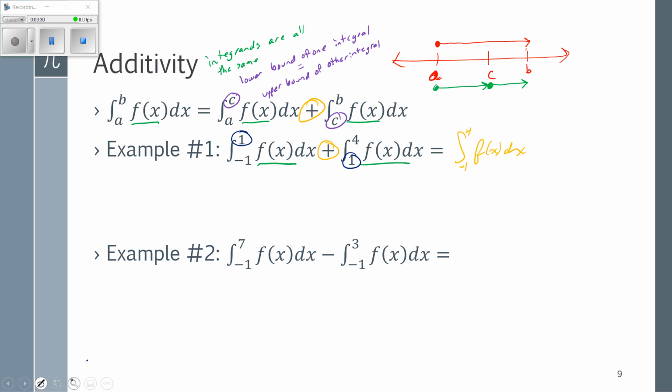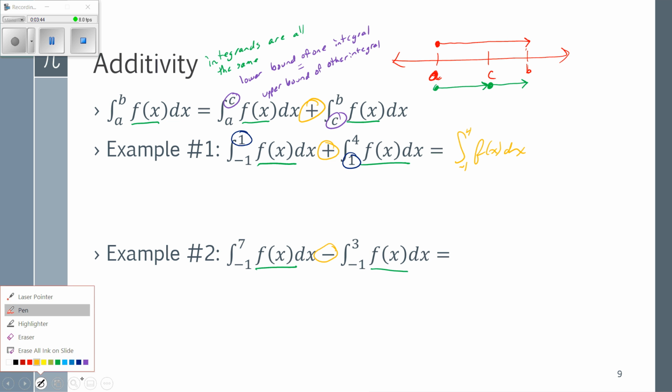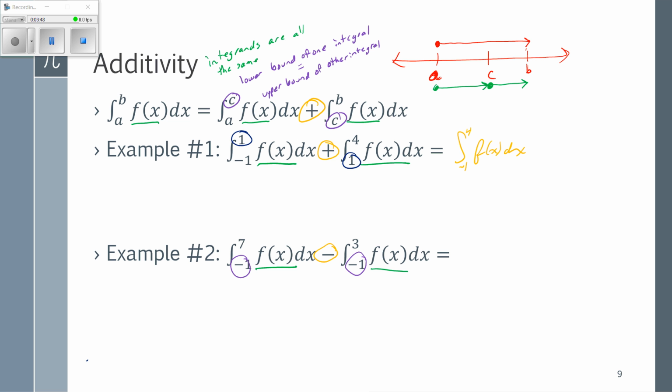So then if I look at example 2, again, I'm noticing integrands are the same. Oh, but now I start running into problems. I'm noticing that's not addition. And I'm noticing that the -1s are the same, but they're both lower bounds. Well, this is where one of the other properties I can use comes in, which is the order of integration property.